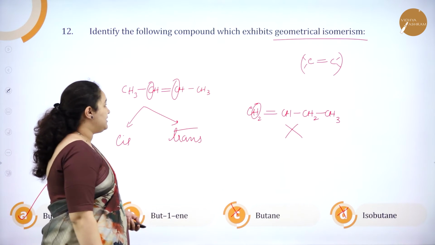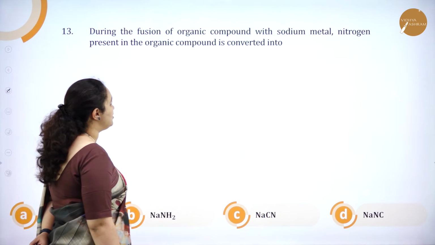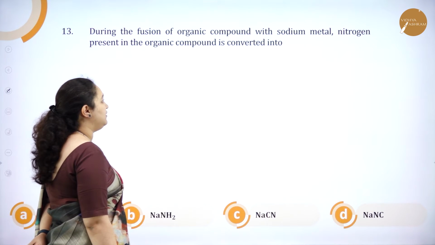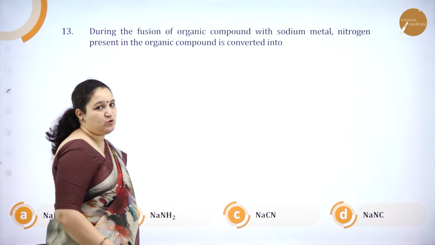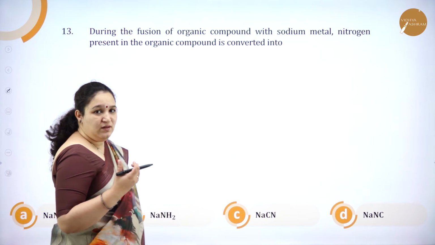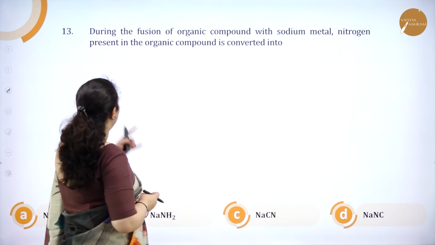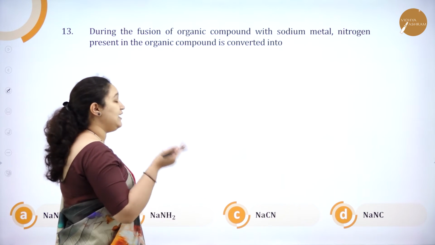Okay. Next question. During the fusion of an organic compound with sodium metal, nitrogen present in the organic compound is converted to. This you all have studied as sodium fusion extract. In an organic compound, what do we have? We have carbon. The organic compound also contains nitrogen.